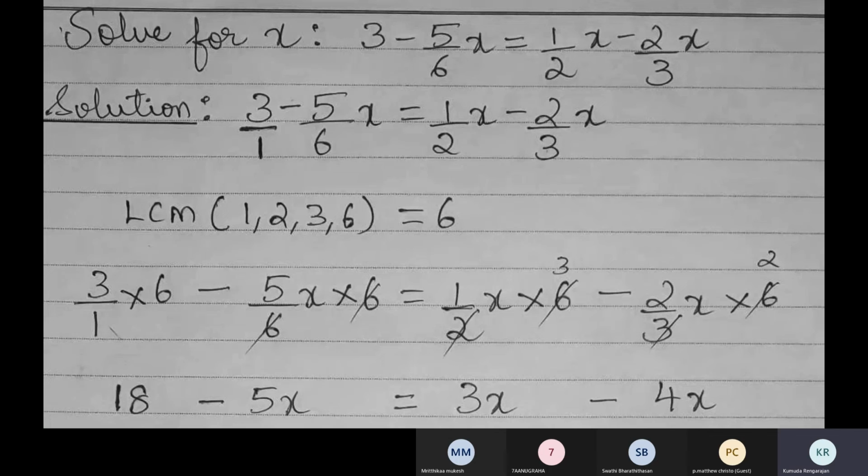But on the right hand side, we have 3x minus 4x. What is 3x minus 4x, children? Ignore the x there. What is 3 minus 4? Ma'am, 7. No, what is 3 minus 4? Ma'am, it's minus 1. Minus 1.